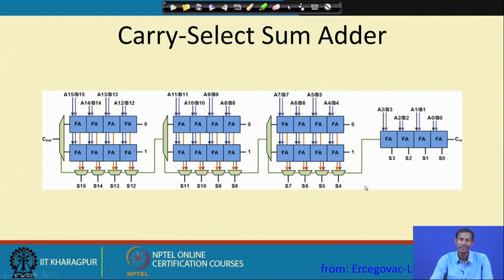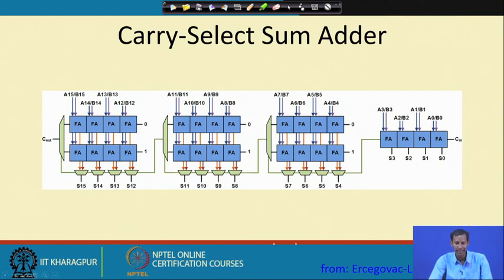So, what is the working principle of this carry select adder? In the ripple carry adder, in each case we consider a full adder cell, the carry is propagated, and at the output we get the final carry out, and at each stage we get the sum bit.